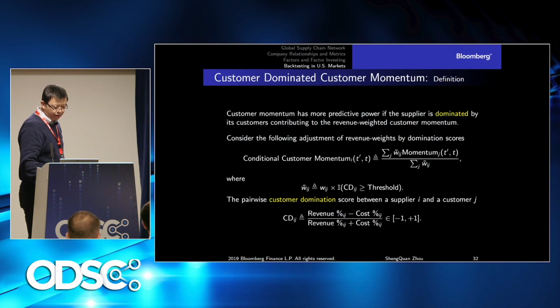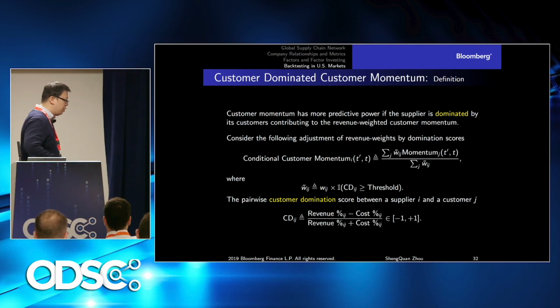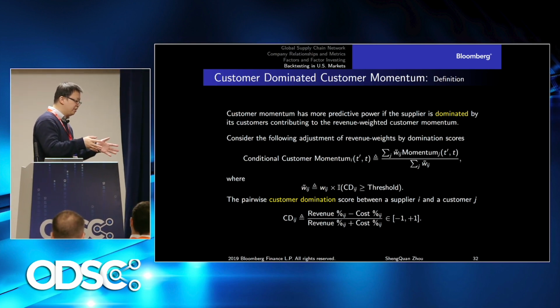So at the very end, I will test one more factor, which is a combination of Cos momentum and domination. Intuitively speaking, I think it's a good story that your customer's performance affects the supplier's performance, but the predictive power is stronger if you include only those customers that are dominating the supplier, right?